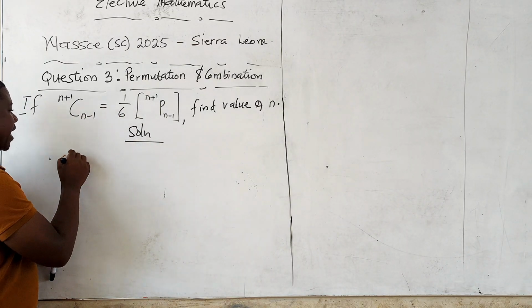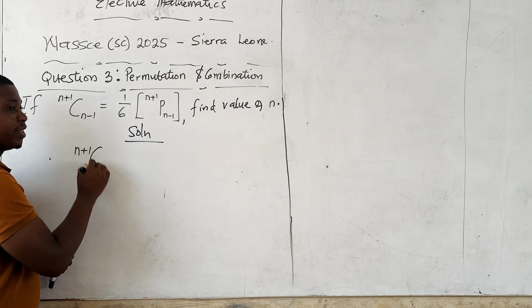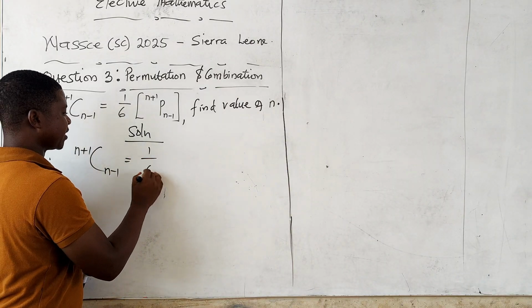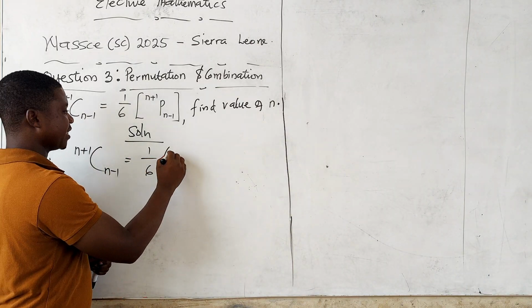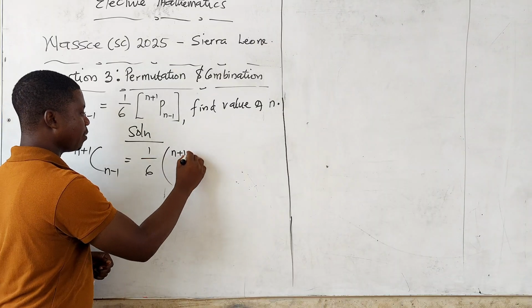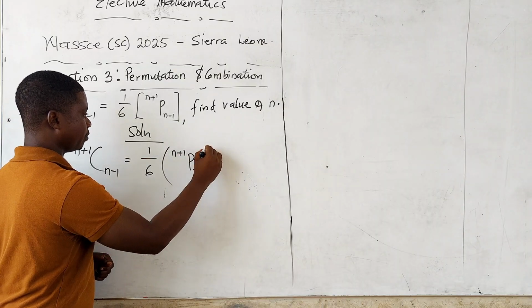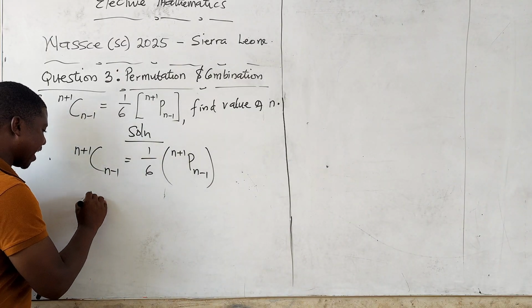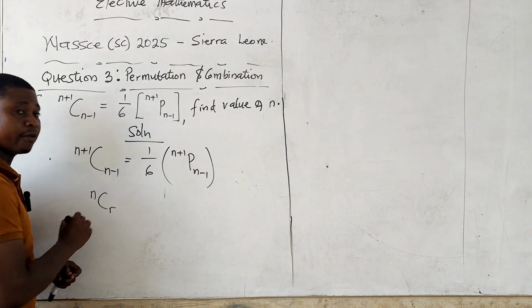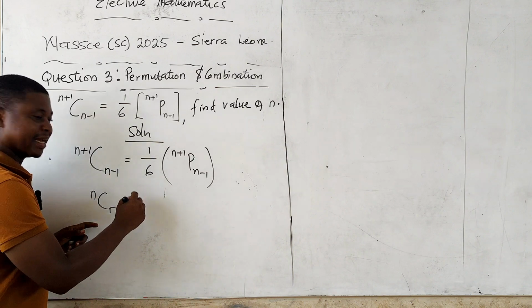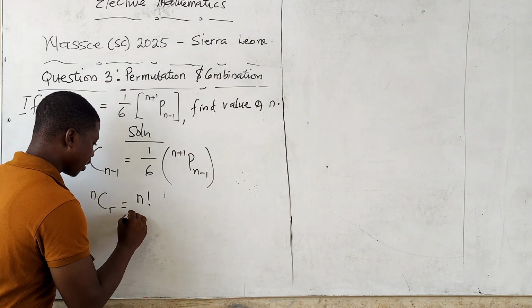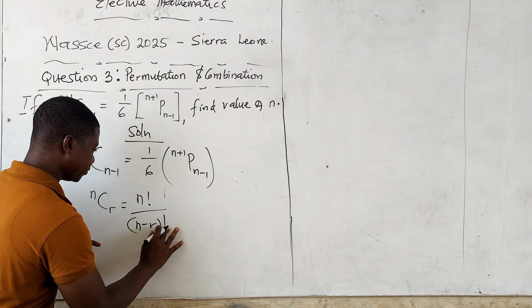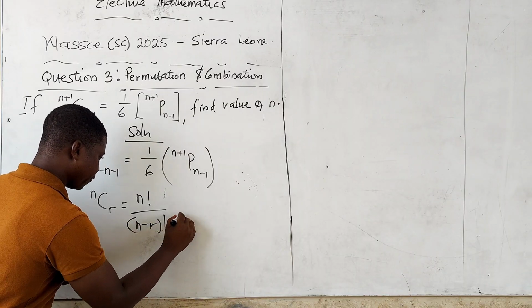From the question, we've been given (n+1)C(n-1), which is equal to 1/6 into bracket (n+1)P(n-1). When you talk of combination, let's say we only have nCr. nCr is n factorial over (n minus r) factorial times r factorial.